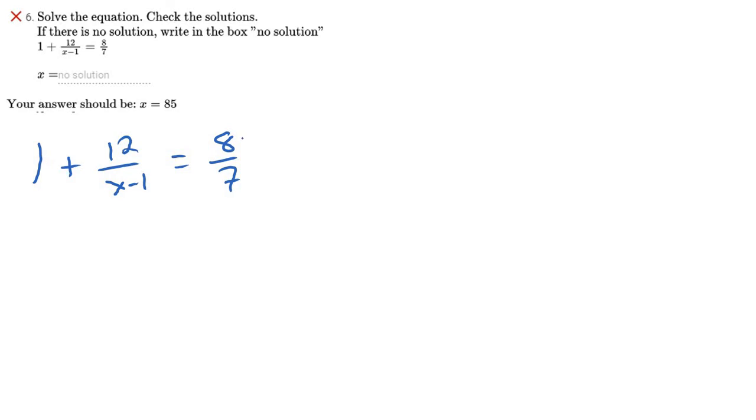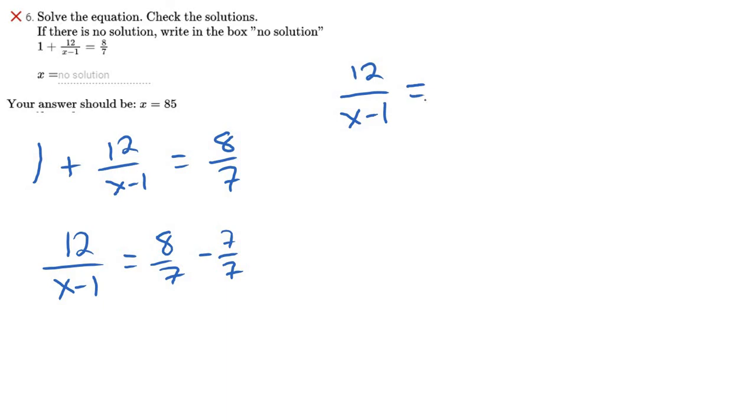Multiply that through everything. Or these are just numbers. I can combine those. I think, in fact, that's what I'm going to do. So 12 over x minus 1 equals 8 sevenths minus 1, which is 7 sevenths, isn't it? So I've got 12 over x minus 1 equals 1 seventh.